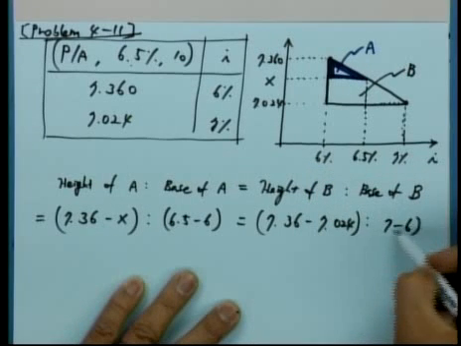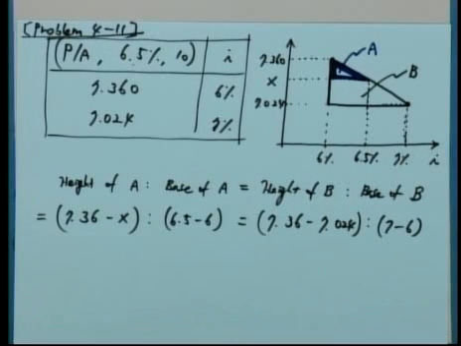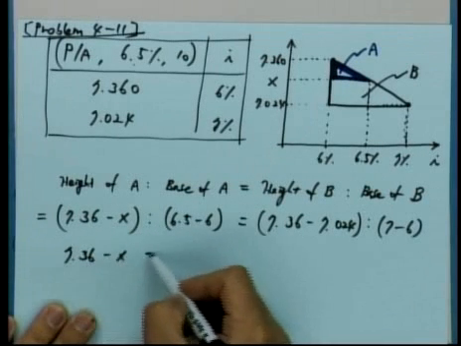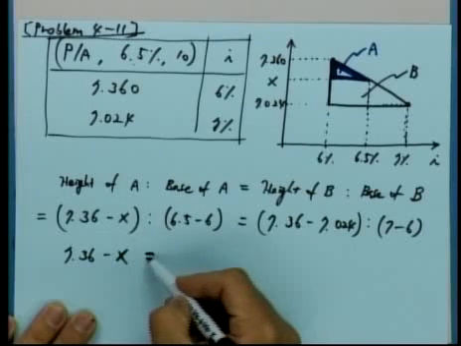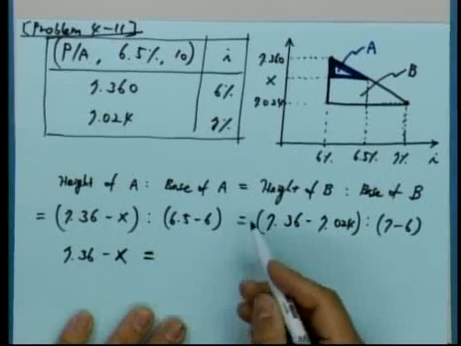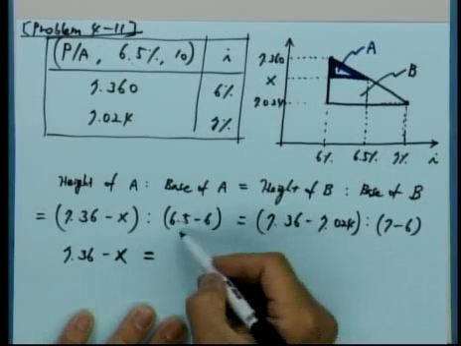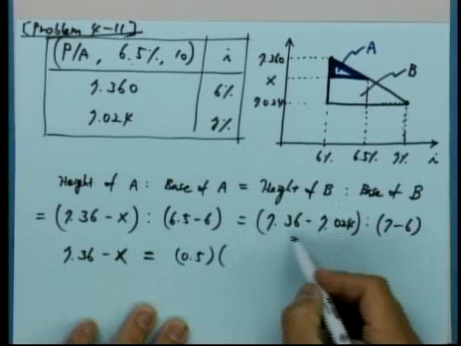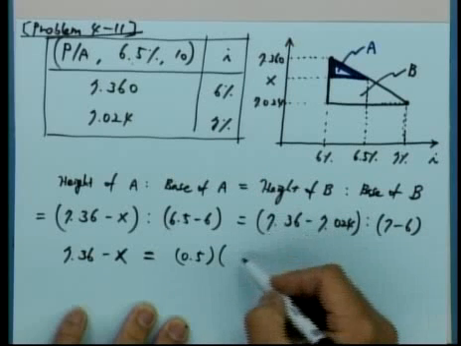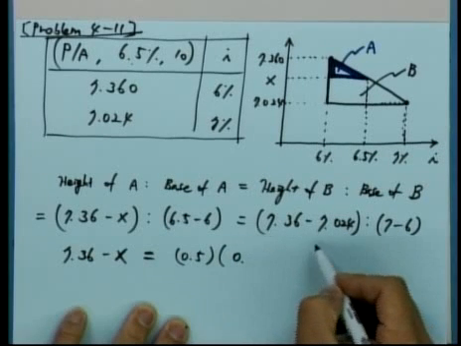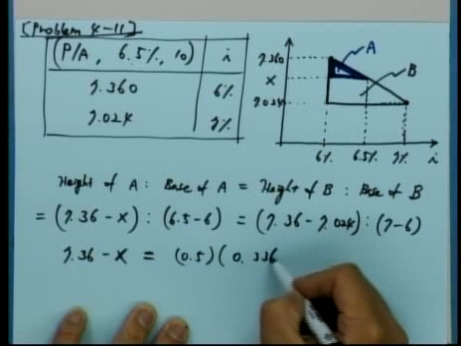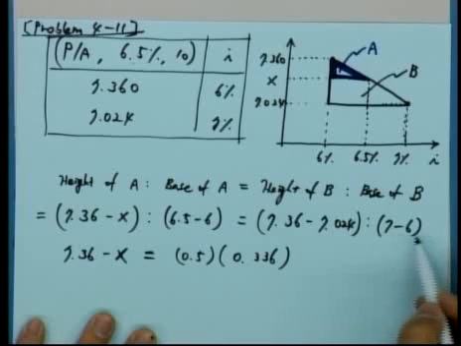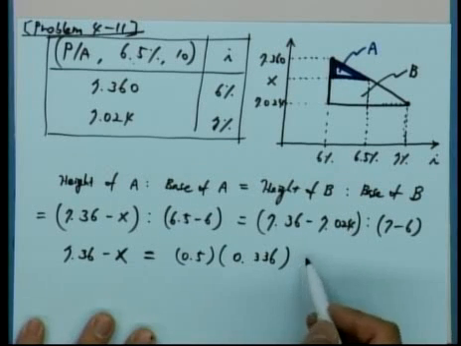So 7 minus 6. Okay? So here, 7.36 minus x is equal to 0.5 times, what is this value? That's going to be 0.336, right? And divide by 1. 7 minus 6 is 1. So just this, right?